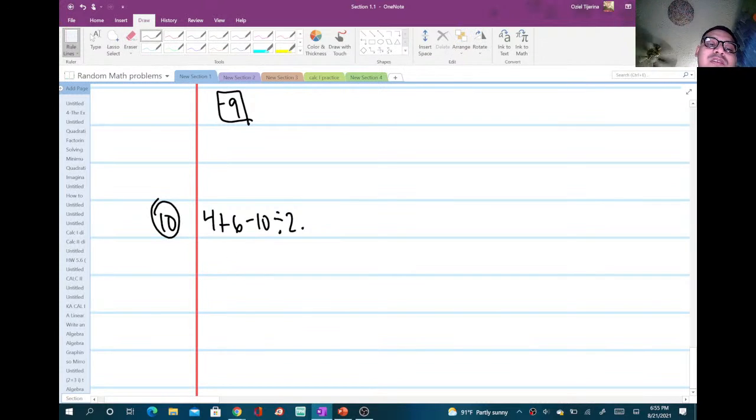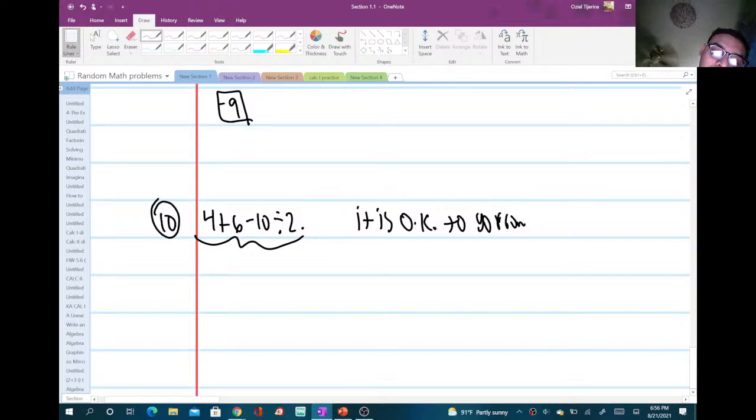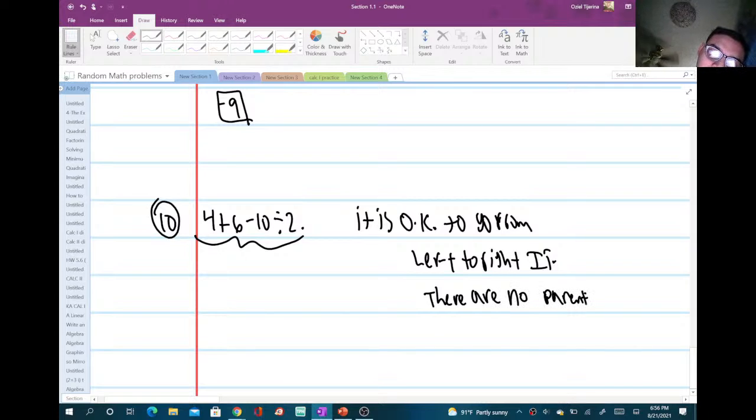Anytime you have something like this, it is okay to go from left to right if there are no parentheses or brackets.